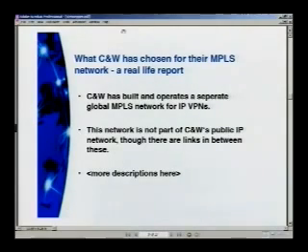For MPLS VPNs, layer 3 VPNs, we have built and operate a different network, which is run under AS4445, which is at the very moment running only layer 3 VPNs according to RFC 2547.